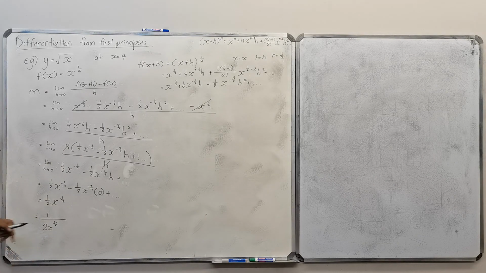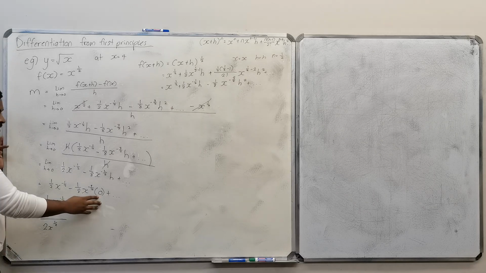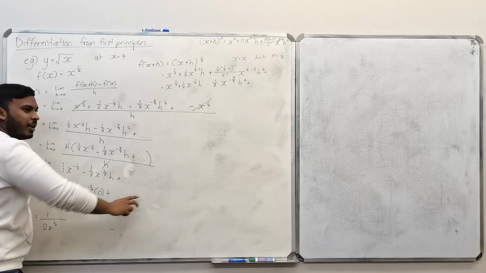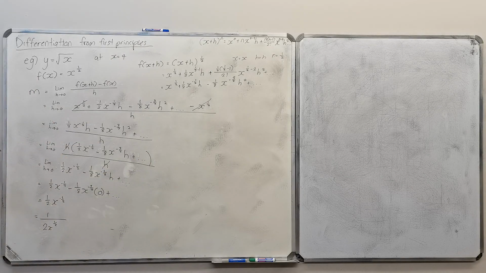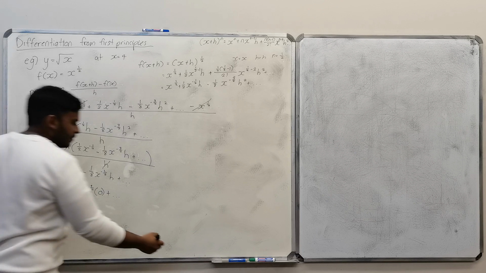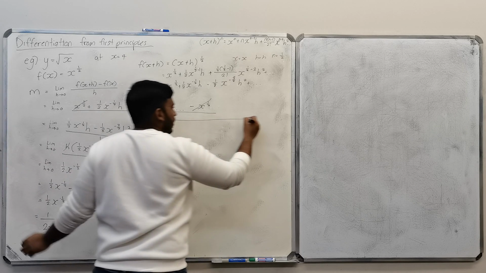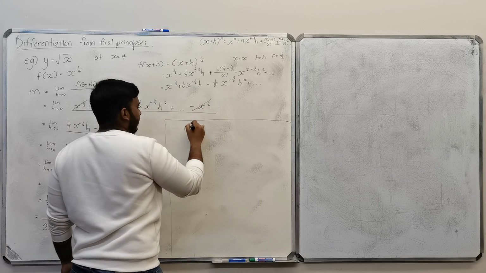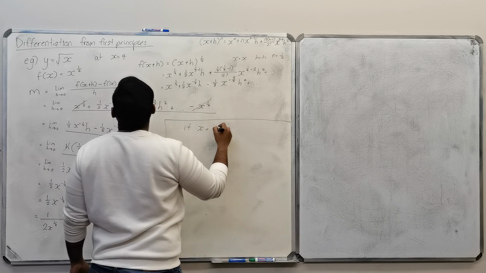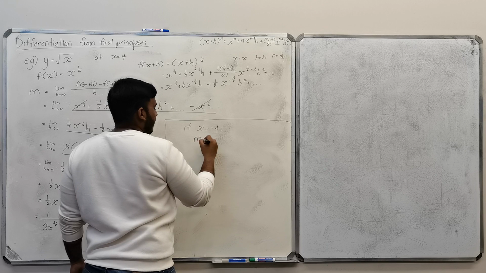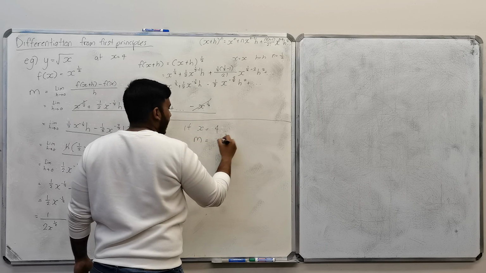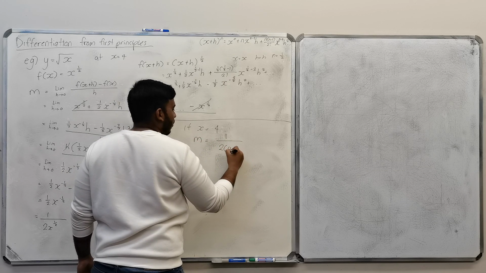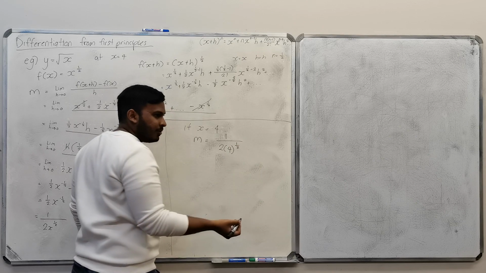Okay? So this is the formula for the gradient. After substituting, you don't have to put the plus, because remember, after you substitute 0, you're also substituting 0 for everything, and all that is going to be 0. So you're just left with this. So if x is equal to 4, the gradient will be equal to 1 over 2 times 4 to the power half.